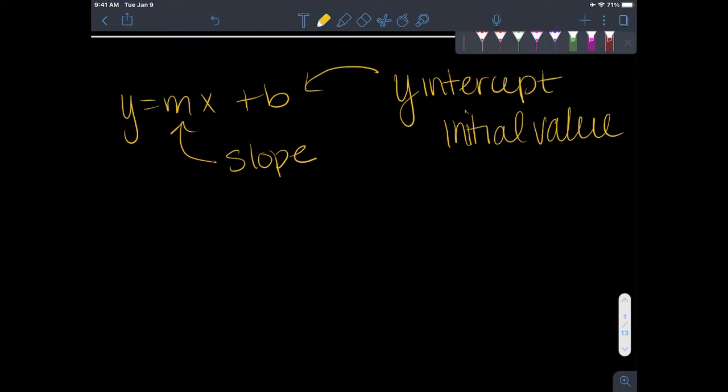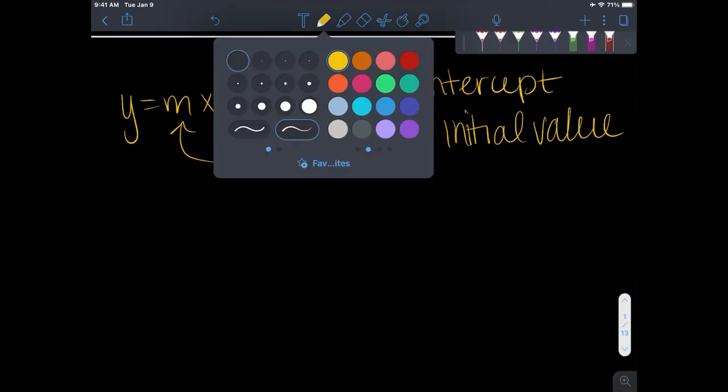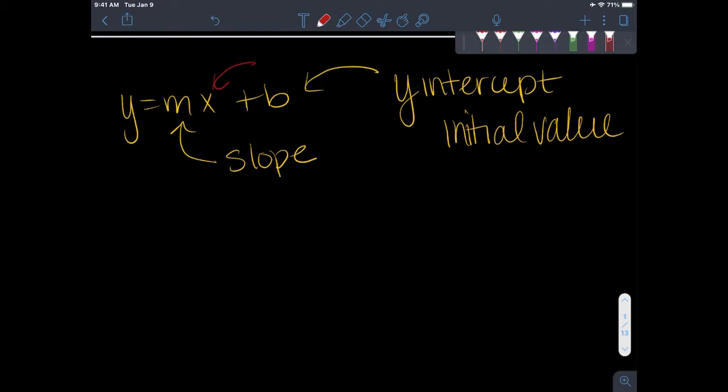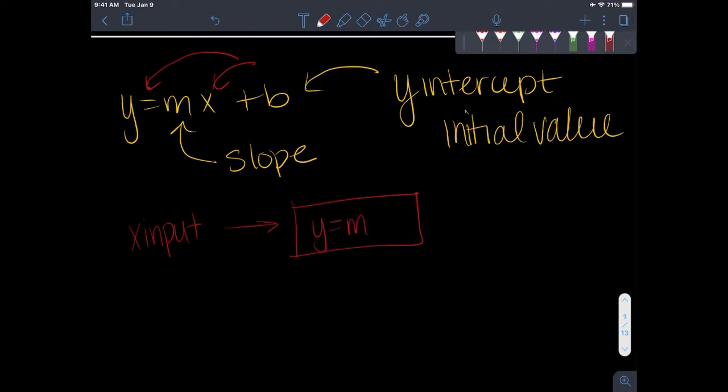Now, if I plug in my x value here, I should be able to calculate my y value. So this is what you should think of: my x input goes into some equation, and it spits back out my y output.